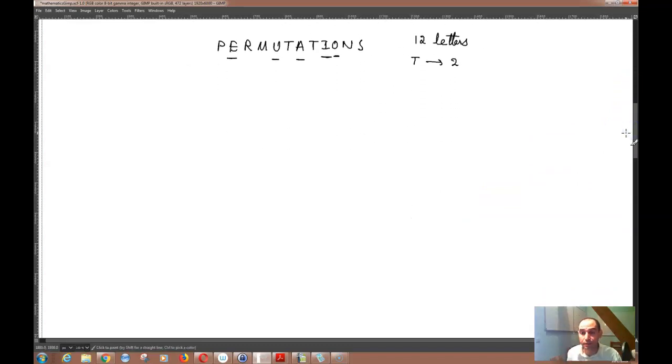So if that's the case, then if all of these vowels are supposed to appear together, put together, what we have is E-U-A-I-O. These are 5 letters, 1, 2, 3, 4, 5.